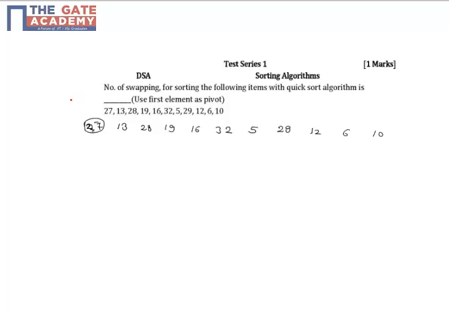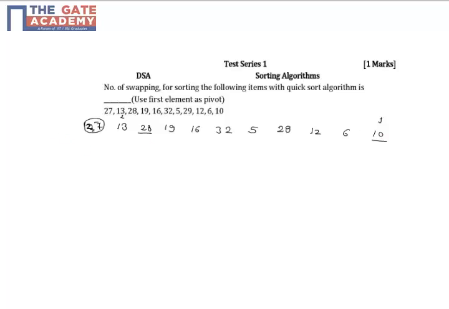According to the quicksort algorithm, I'll start 2 pointers, i from the start, j from the last. Now I'll stop my i where I find an item which is greater than 27. So I will start from 13, and it will stop at 28, because 13 is not greater than 27, but 28 is greater than 27. j will start where I get a smaller element than 27, that means here only.